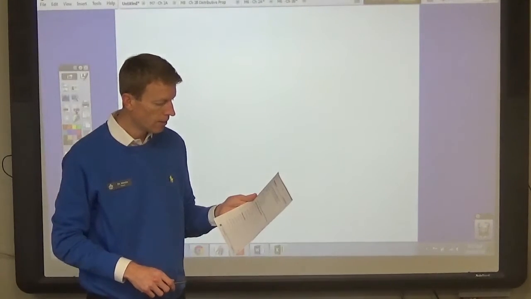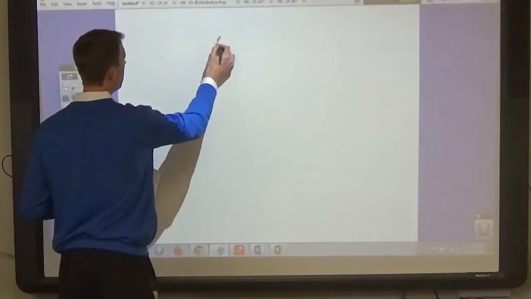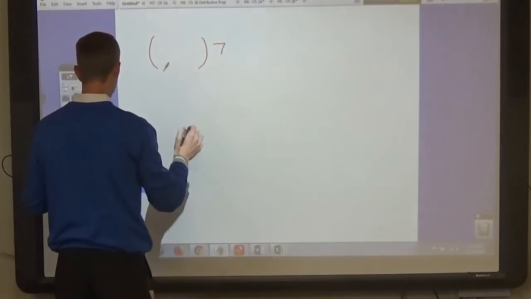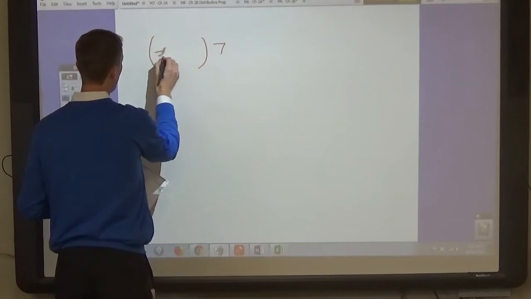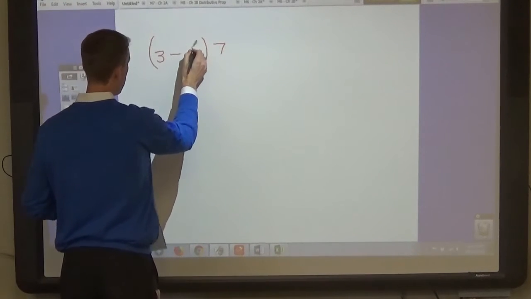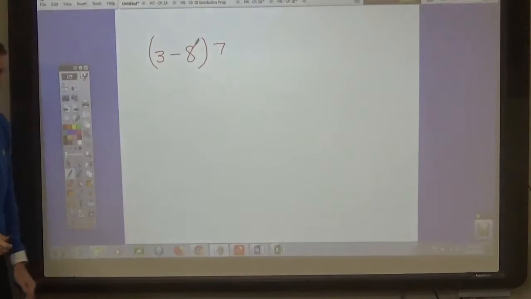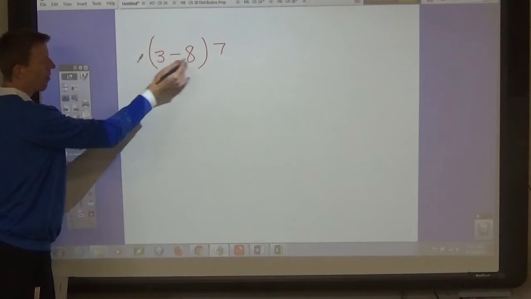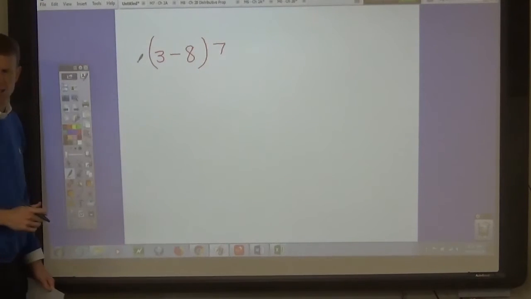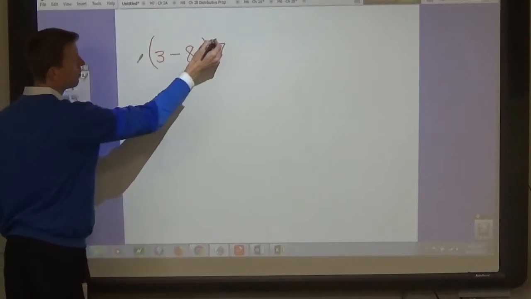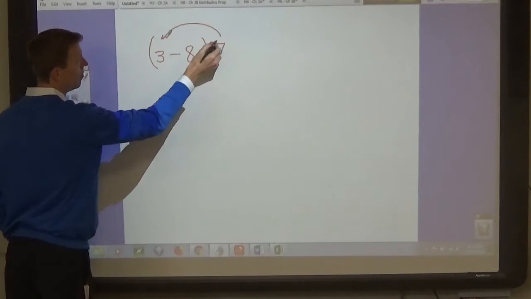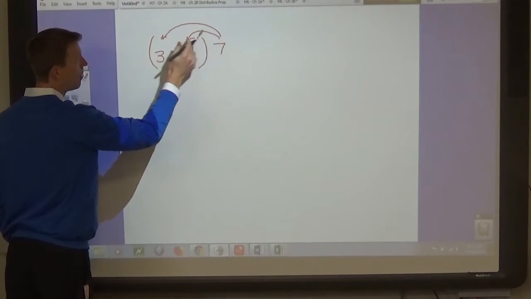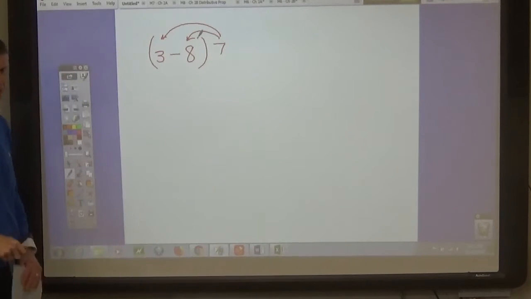Number 2. That one has a 7 outside of parentheses on the right side. And that says 3 minus 8. Now, does it matter if the 7 is on the right side or the left side? No, it still means multiply. And it still means multiply by everything inside. But let me ask you this. Is this a negative 8 or a positive 8?